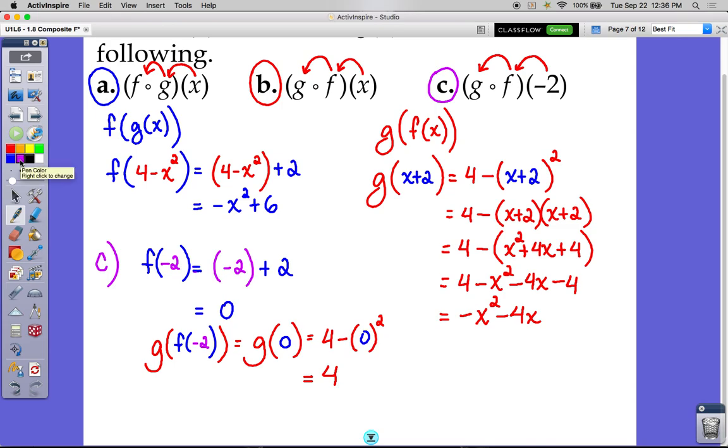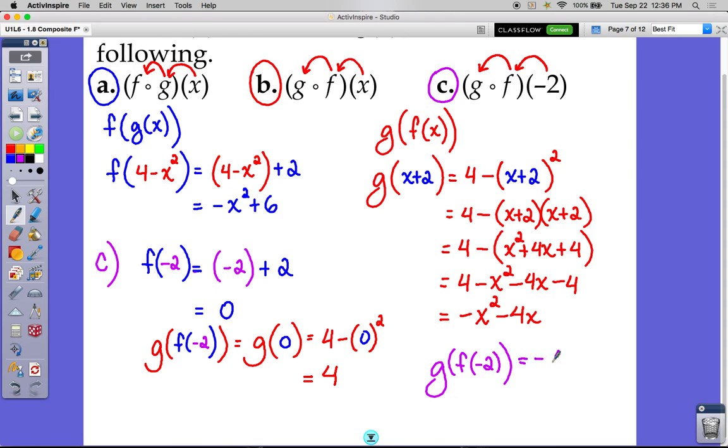So the other option is, because I already know what g of f of x looks like, let me plug in a negative 2 here. So let's find out what g of f of negative 2 looks like if I already know what g of f of x looks like.